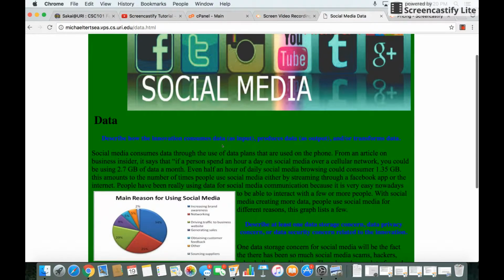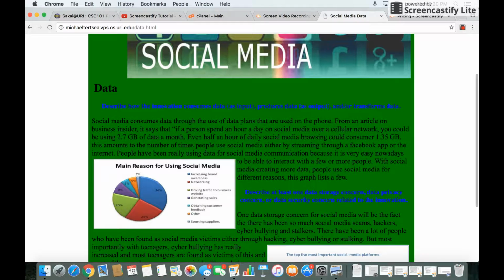Data. Describe how the innovation consumes data, produces data, and transforms data. Social media consumes data through the use of data plans on the phone. An article on Business Insider says that if a person spends an hour a day on social media over a cellular network, they could be using 2.7 GB of data a month.